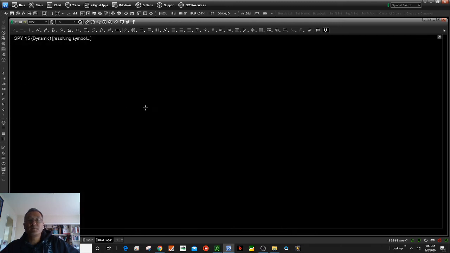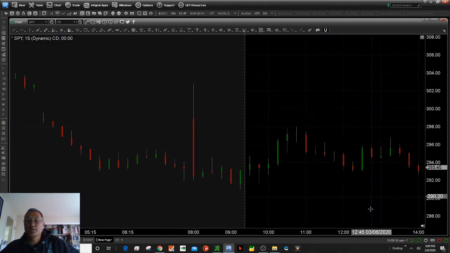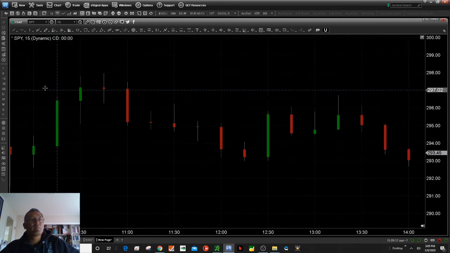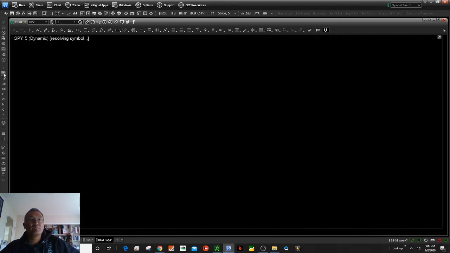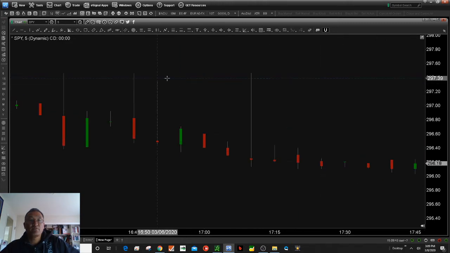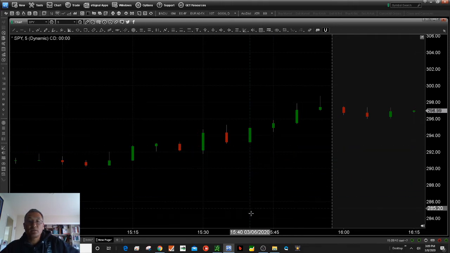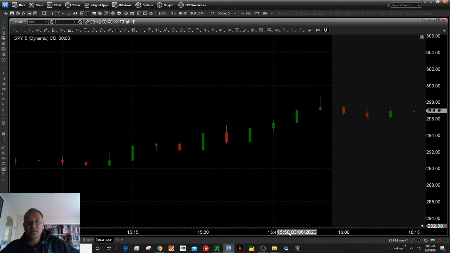And there's a 15-minute. Each one of these candles represents 15 minutes, okay? Then we go to 5-minute. Each one of these candles represents 5 minutes of time, okay? So you can see here, not only do you have the date right here, but you have the time. 1540, next candle is 1545, next candle is 1550, okay?